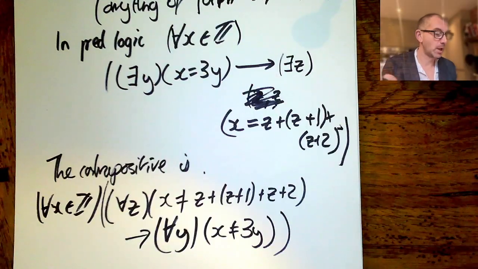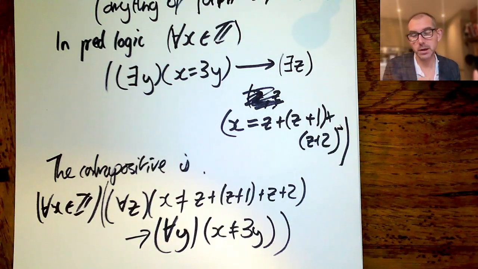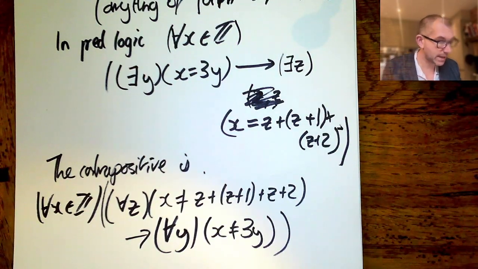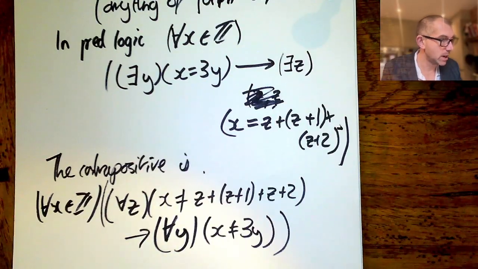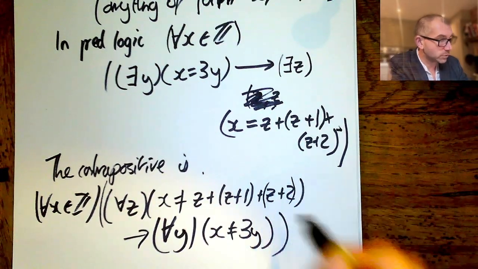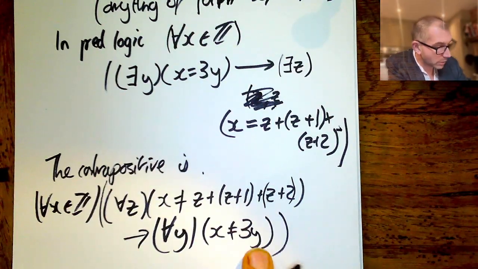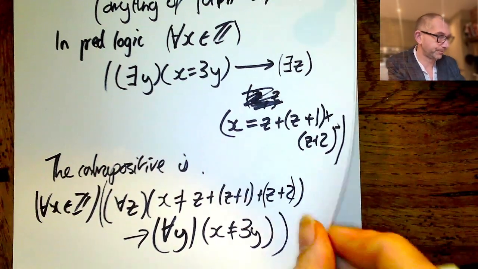Okay, so we've turned it into the contrapositive, but the same thing as I was saying last time holds. If you want to do this, then you take x in Z, and then you assume that this holds, so that this is not true, and then you try and prove that this is true.